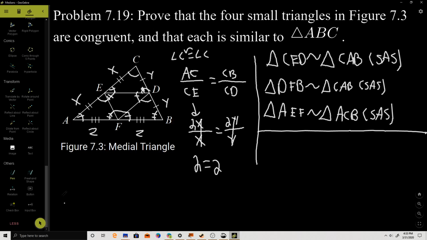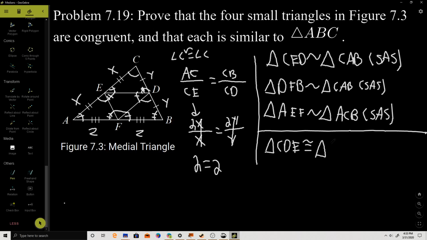Alright. So we have that the angles of that middle triangle are the same, but what about the sides? Well, I can show that triangle CDE is congruent with the triangle DBF because we have angle, side, angle, angle, side, angle.